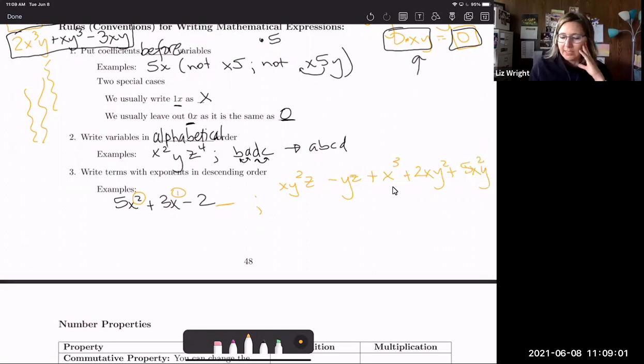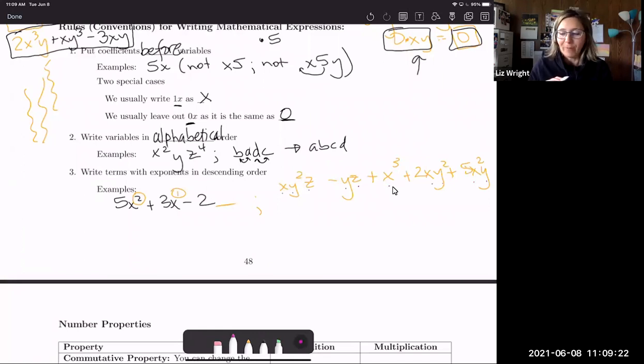All right, so let's see if we can check the alphabetical descending order. So alphabetically look at them. Within each term, they're in the correct order: x, y, z, x, xy, xy. So within each term, they're in correct alphabetical order.